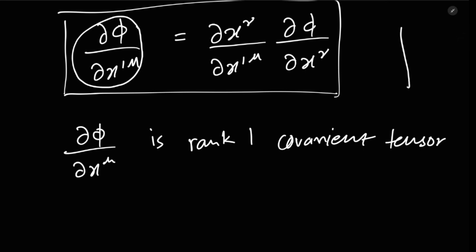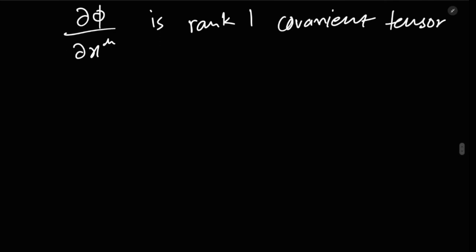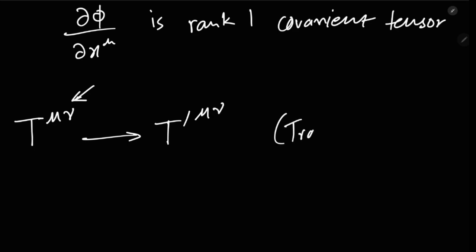So far we have been seeing rank 1 tensors, that is, we have just one index. Now let's go to rank 2 tensor. Here you have two indexes, and these should transform contravariantly. So if T mu nu is a tensor, then it goes to T prime mu nu under transformation of coordinates.